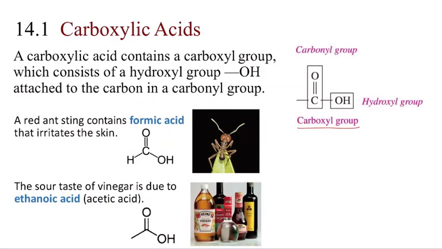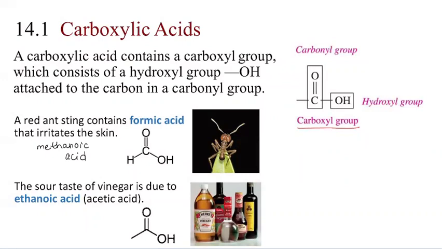Now, formic acid is going to be the common name for the carboxylic acid that you see there. Formic acid is another word that we can use for the compound called methanoic acid. And we're going to learn how to name these compounds.